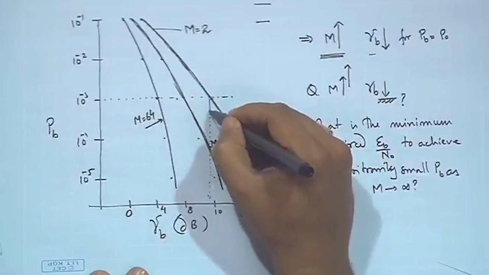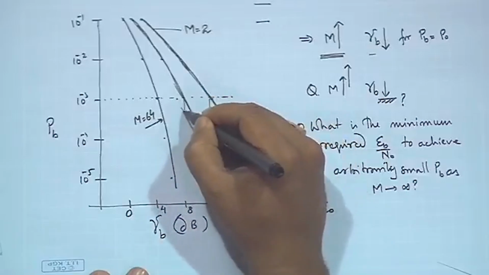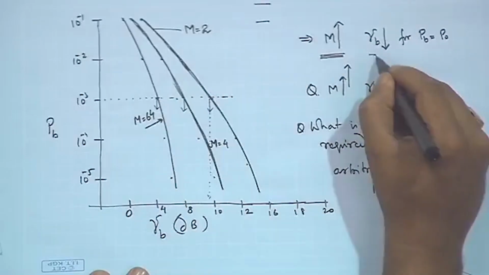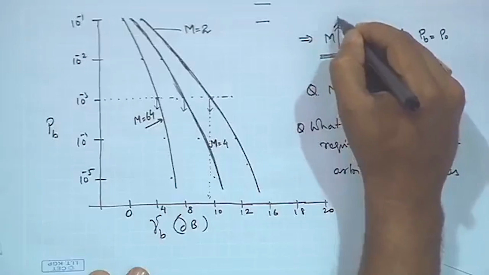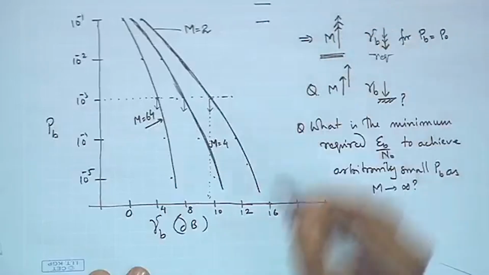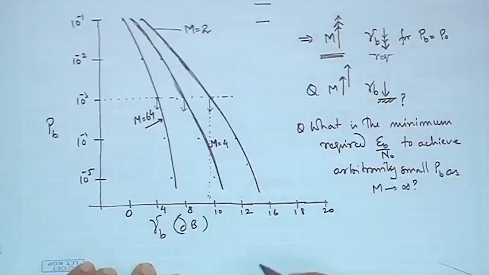What I find is that the required Eb by N naught decreases as m increases, quite contrary to what we have seen there.